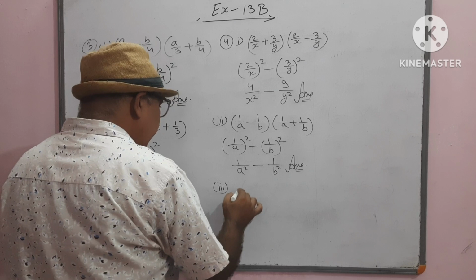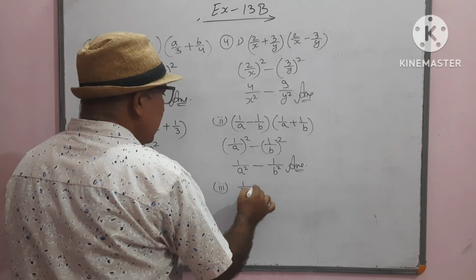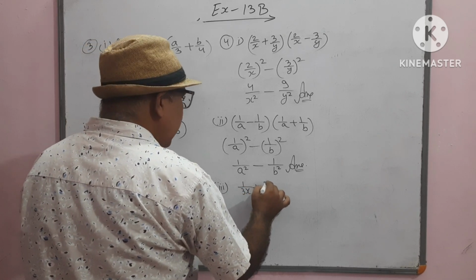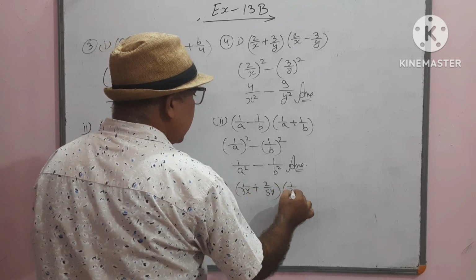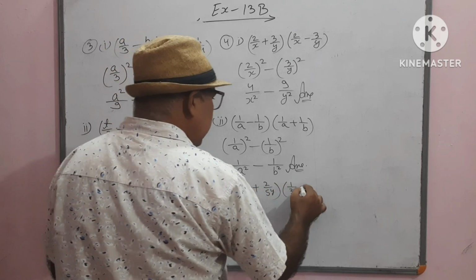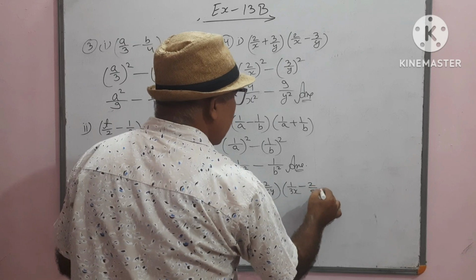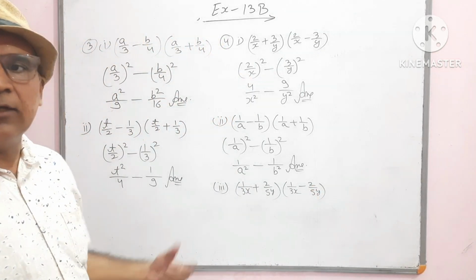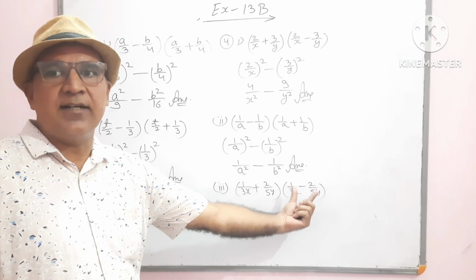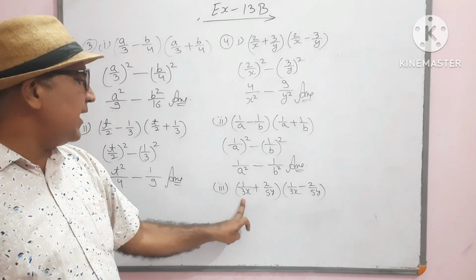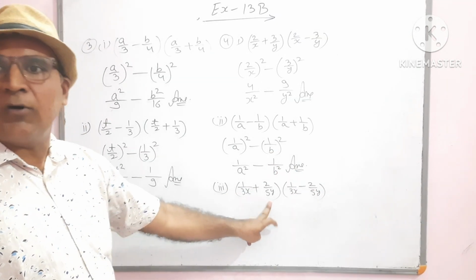In part 3, first bracket is 1 by 3x plus 2 upon 5y, and in the other bracket 1 by 3x minus 2 upon 5y. Are you watching? Again both are same. A plus b into a minus b. At the place of a 1 by 3x, at the place of b 2 upon 5y.